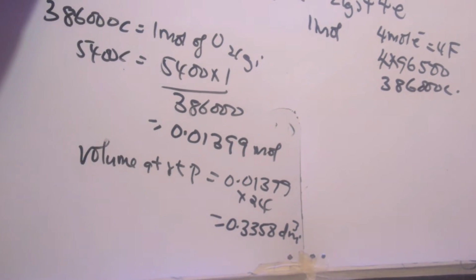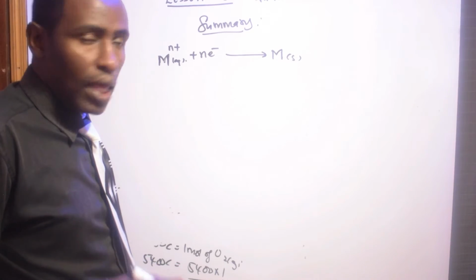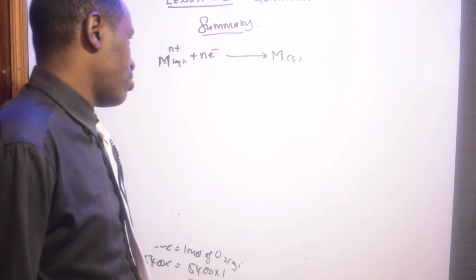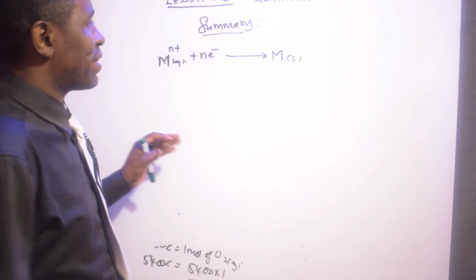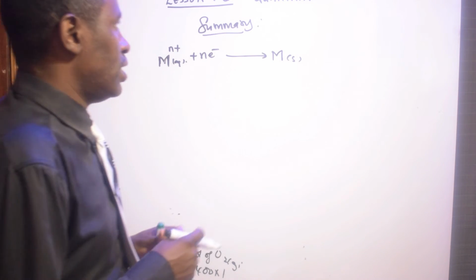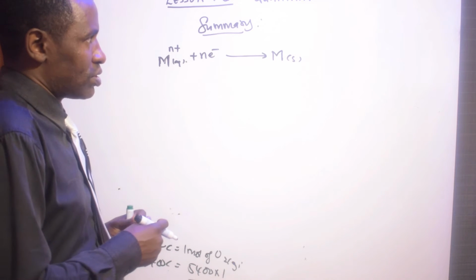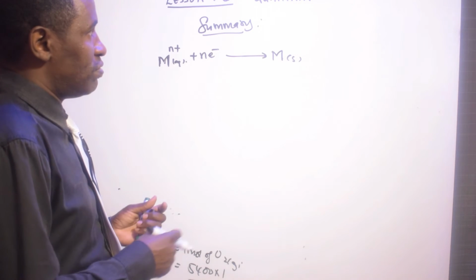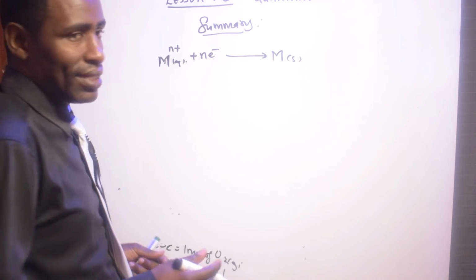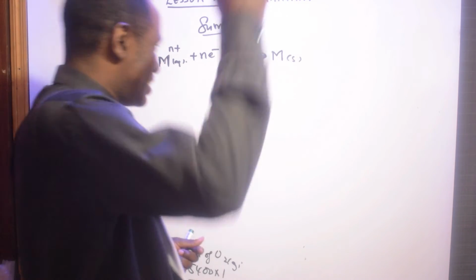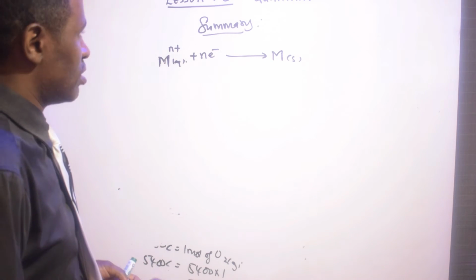So maybe in summary, let me give you a summary of what we've mentioned here, and also the calculation part of it. Remember, as far as Faraday is concerned, the amount of substance formed or dissolved in electrolysis is directly proportional to the amount of electricity that is passed.